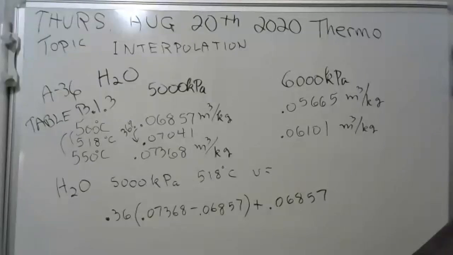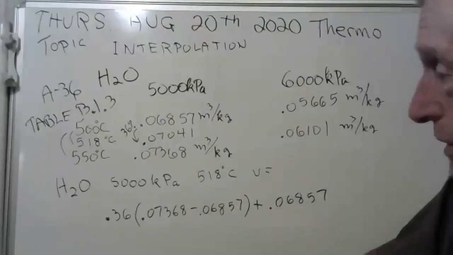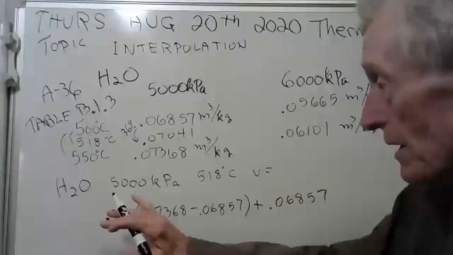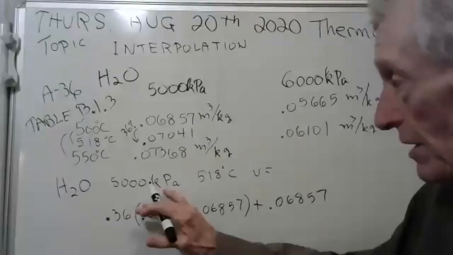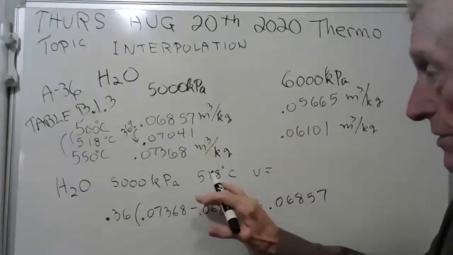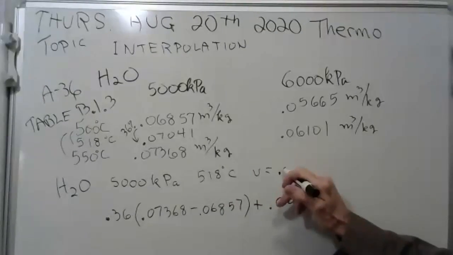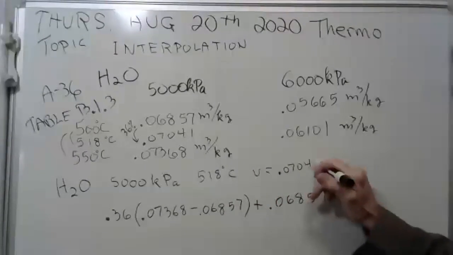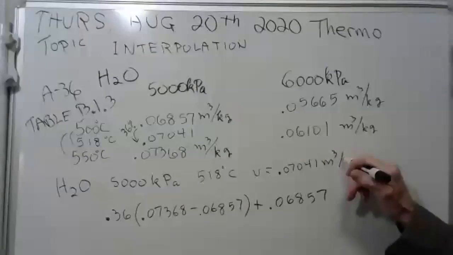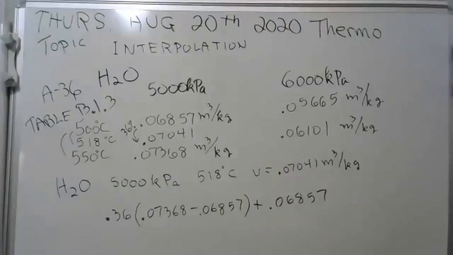Yes, I got that. Good. If you have water at 5,000 kilopascals and it's at 518 degrees Celsius, then the specific volume is 0.07041 cubic meters per kilogram.